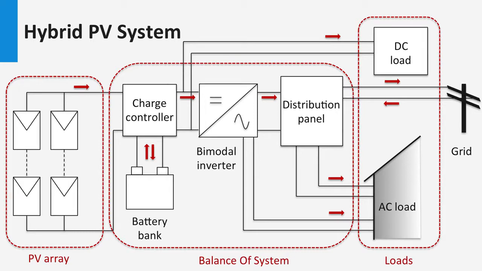In standalone mode, the grid is disconnected and the system might cater to some special backup loads with the inverter behaving as an AC voltage source. In the grid-connected mode, the inverter behaves as an AC current source. These bimodal inverters are usually more expensive and are used less often.